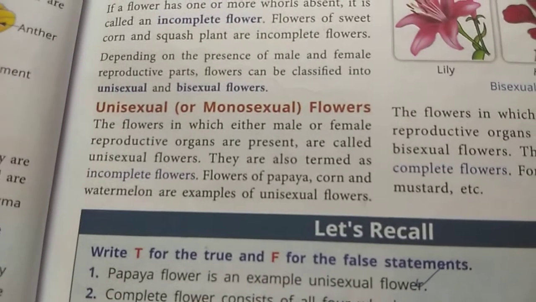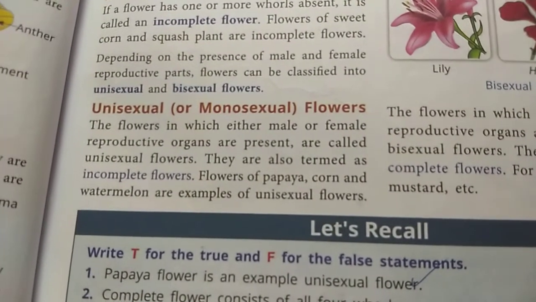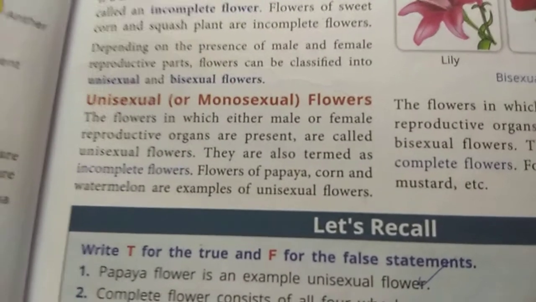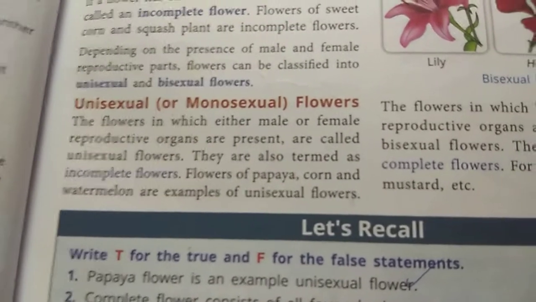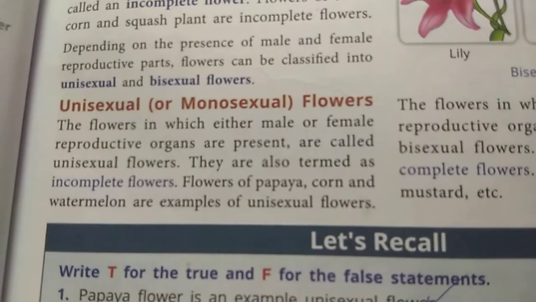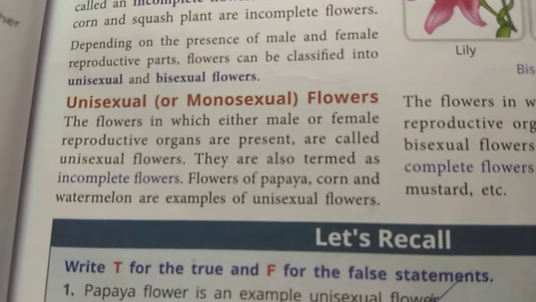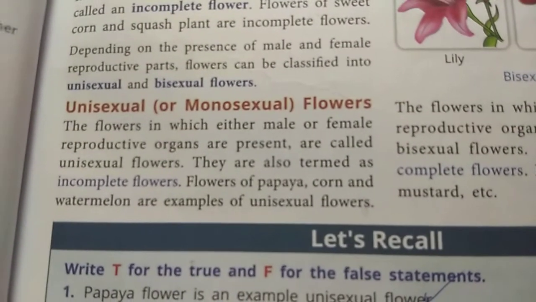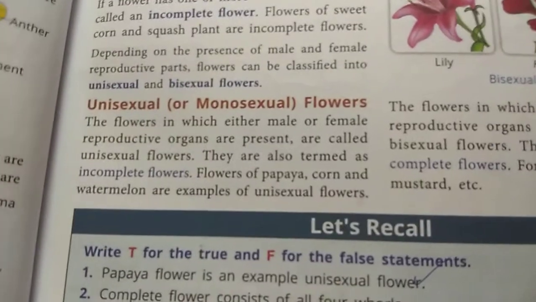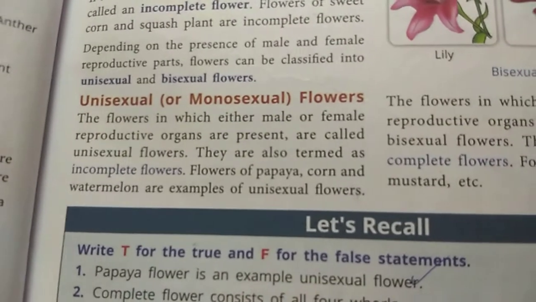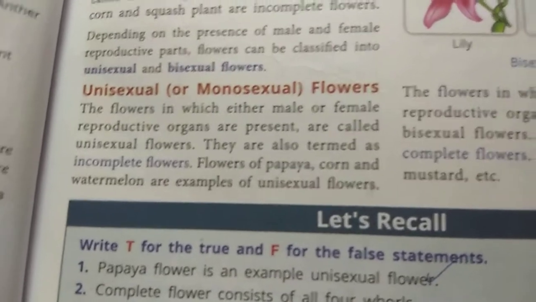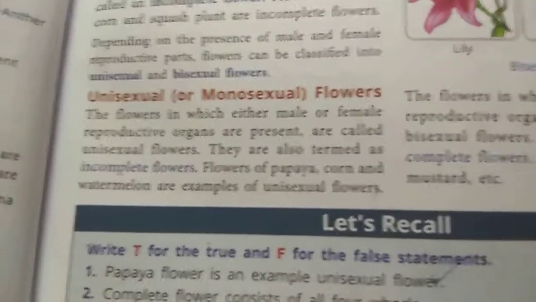So the flowers in which either male or female reproductive organs are present are called unisexual flowers. They are also termed incomplete flowers. Why are they incomplete flowers? Because if they have either the male reproductive part or the female reproductive part, that means one of the reproductive parts is missing, and that means one of the whorls is missing.